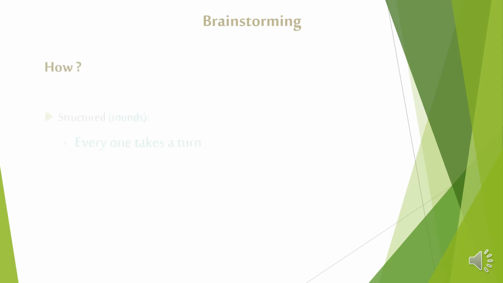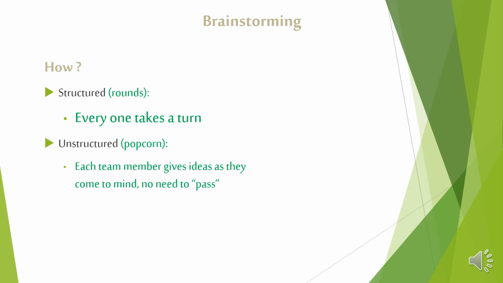How to use it? We have 2 types of brainstorming. We have structured, which we call rounds, where everyone takes a turn, and the unstructured, which is the popcorn, where each team member gives the idea as it comes to mind, with no need to pass. I will explain it in a few seconds.